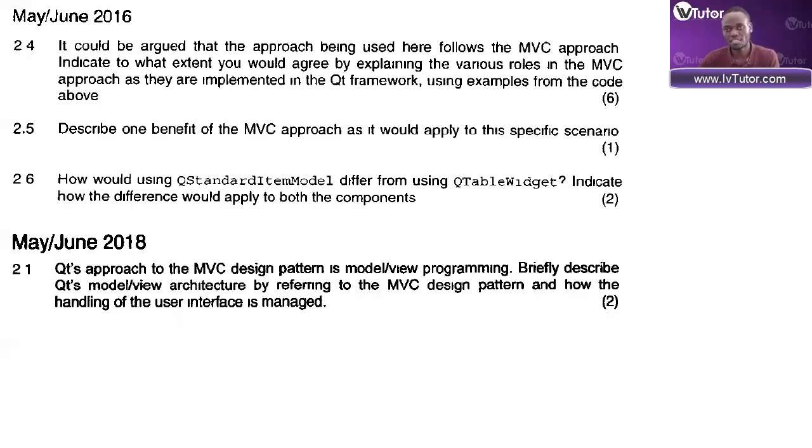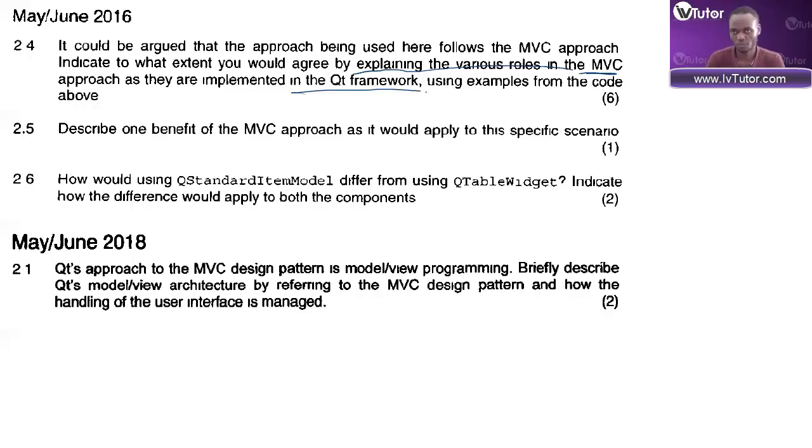So what do you have to do first? Explain the various roles in the MVC approach as they are implemented in the Qt framework using examples from the code given above. So you obviously throw in some examples from the questions 2.1 to 2.3. But the core of this question is to identify what the MVC is. You've got your model, your view, and your controller.